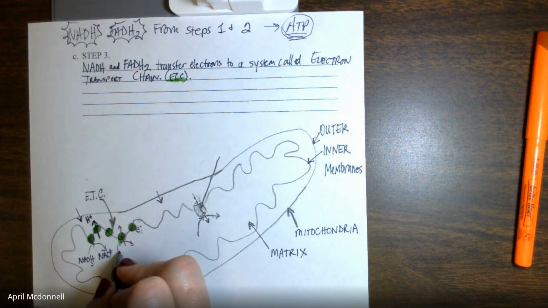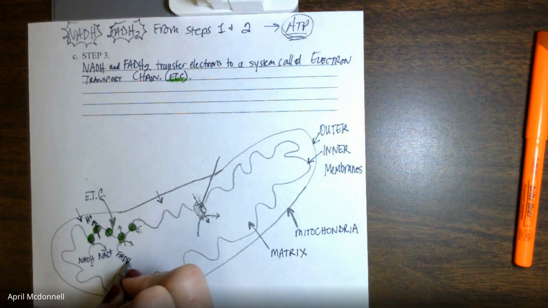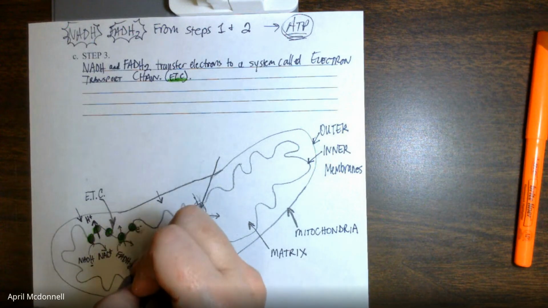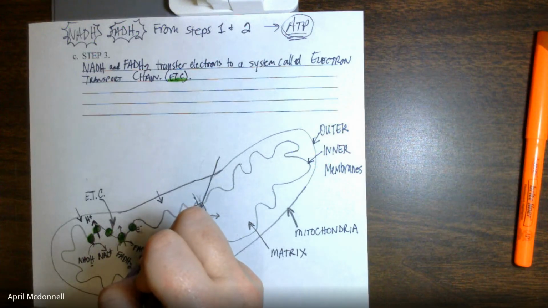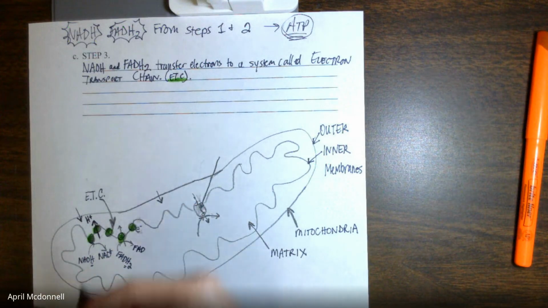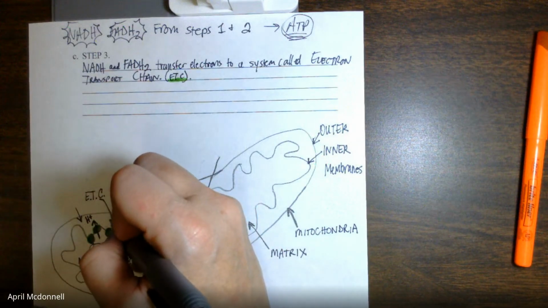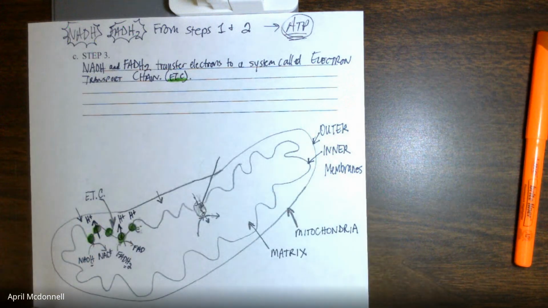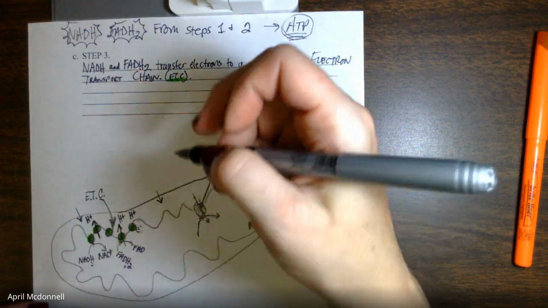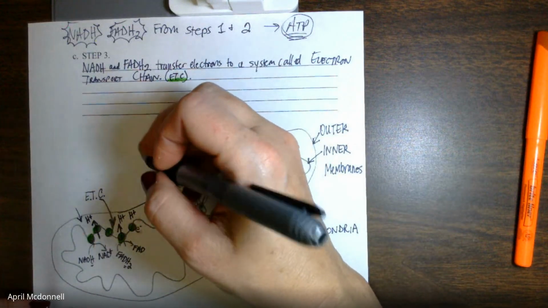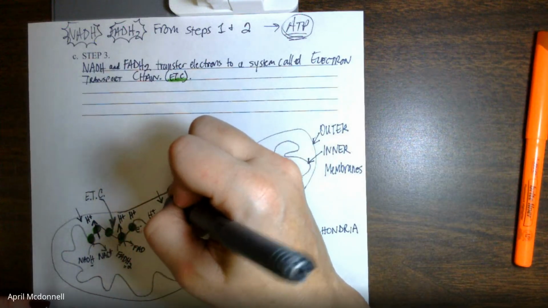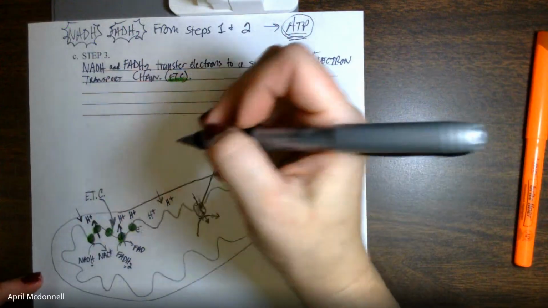We have the same thing going on over here. FADH2 will deliver its electrons to the electron transport chain, and it will then become FAD. So it lost the hydrogens, and those hydrogens are going to be sent to this area. So now we have a high concentration of hydrogen ions in this space.